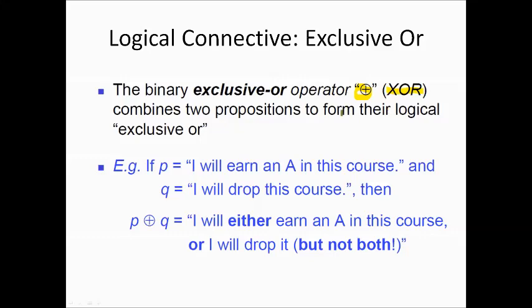For example, the propositional variable P is I will earn an A in this course, and the propositional variable Q is I will drop this course. To form the logical exclusive OR: I will either, this is the keyword, earn an A in this course or I will drop it, but not both.